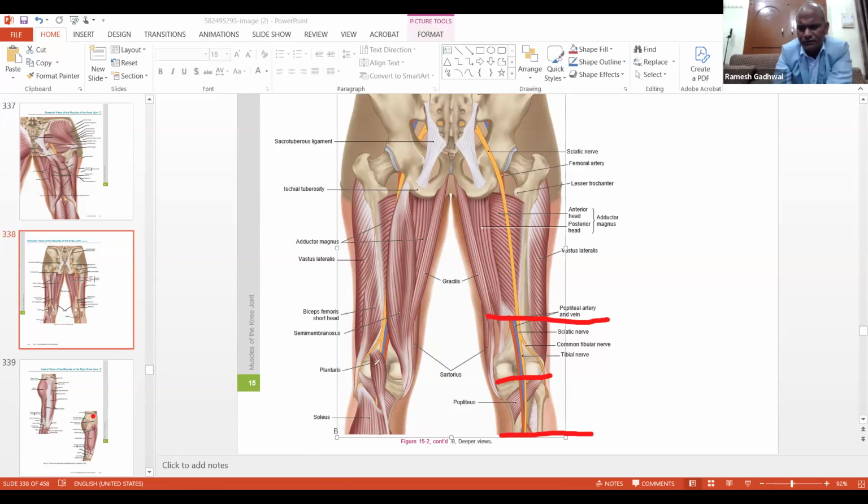If you read any book or any textbook, keep in your mind, yellow is the nerve, blue is vein, red is artery. In all medical science books, the same protocol is given. Okay?